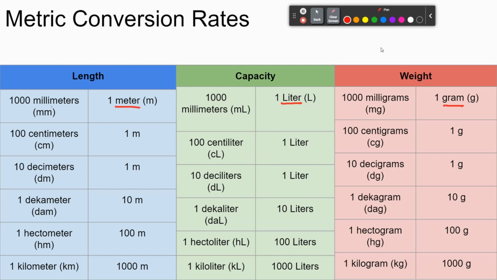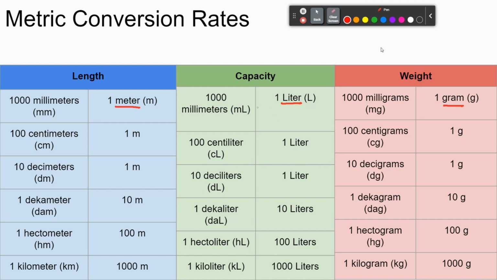So for example, a millimeter, which is a very, very small measurement, you'd have 1,000 millimeters in 1 meter. You'd have 100 centimeters in 1 meter, 10 decimeters in 1 meter. You have 1 decameter made out of 10 meters, 1 hectometer in 100 meters, and 1 kilometer in 1,000 meters.